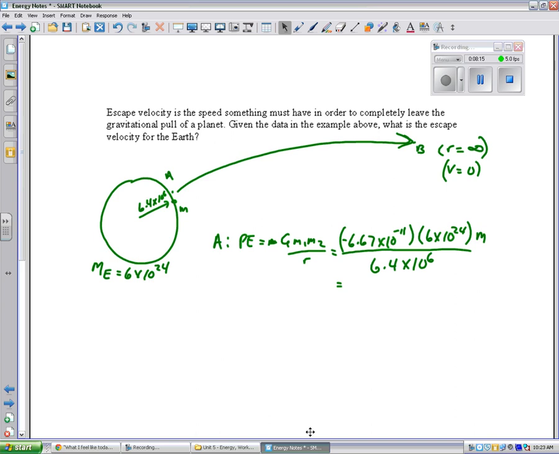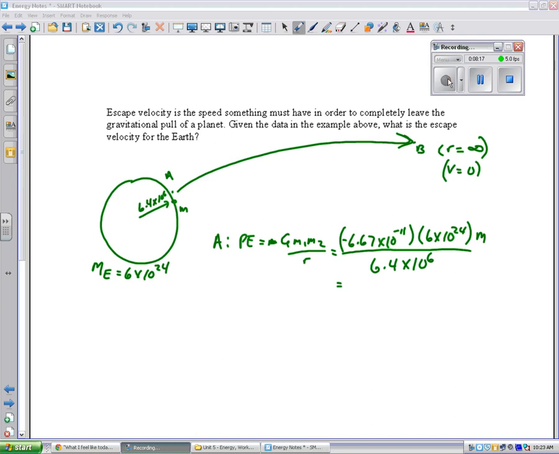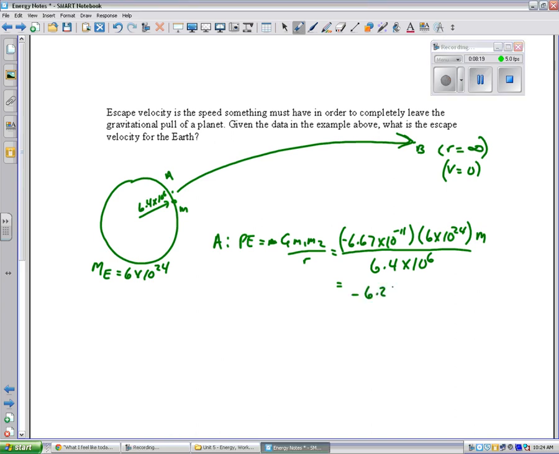When I do that, I'll get a value of negative 6.25 times 10 to the 7th m. And its kinetic energy there, I don't know. I'm trying to find out what velocity it has to have there. So I'm going to do 1/2 mv squared. I don't know m either, so that's the most I can do with it. So my E total is going to be 1/2 mv squared minus 6.25 times 10 to the 7th m.